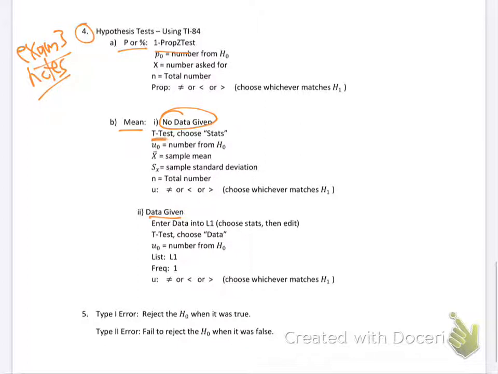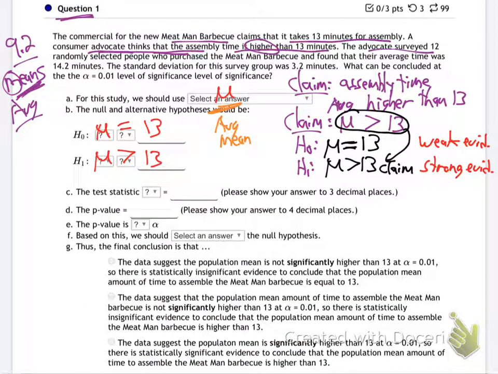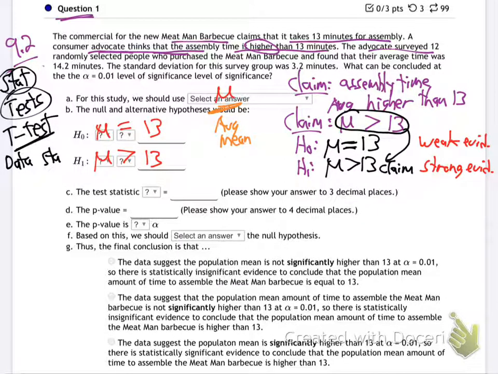So where do we go? We go to t-test and choose stats. So on our calculator, we first go to stat and then tests, and then you choose t-test, which is number 2. And the first thing it'll ask you is, do you want data or stats.